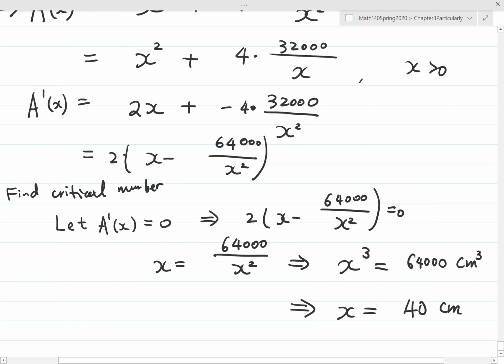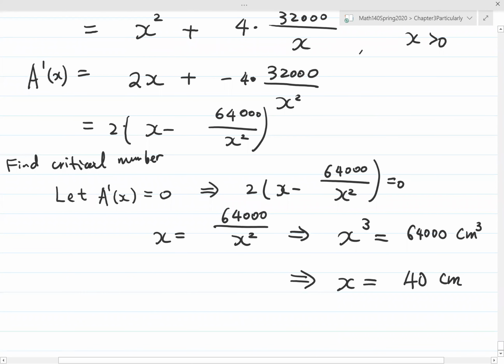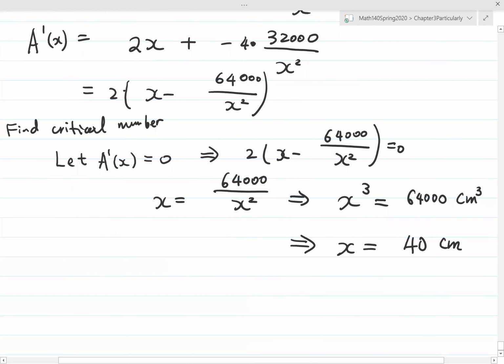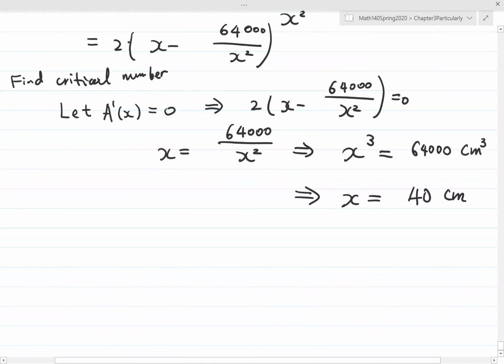It turns out we only have one critical number. This should give us the solution. If you check by the increasing decreasing test, it's very easy to check.